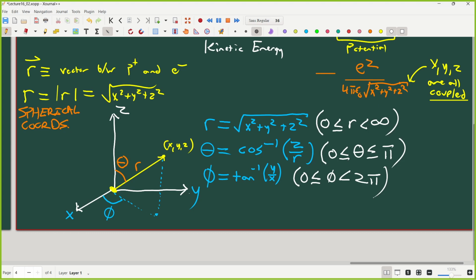But the amazing thing is because the atom is spherically symmetric, the kinetic energy relationship between the angles and r, there is none. They're decoupled from each other. So the kinetic energy as a function of r has no dependence on theta and phi and vice versa. So r and the angles are coupled to each other, as we'll see. But r is completely decoupled from theta and phi.